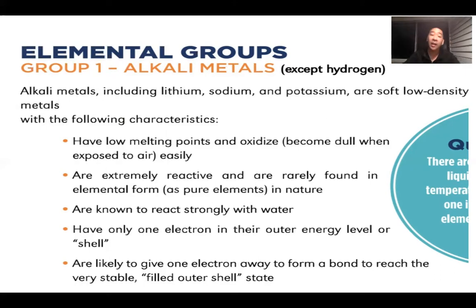Now this means that elements from this group constantly either force feed another atom an extra electron, or bully and steal, I don't know if I should put it that way, from another atom to form a full valence shell, right? This means that they're really quite reactive, and especially with water, right?